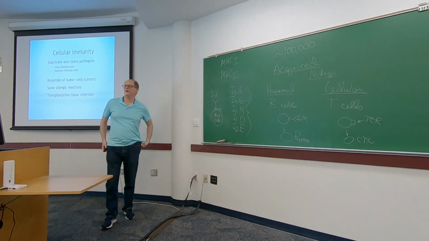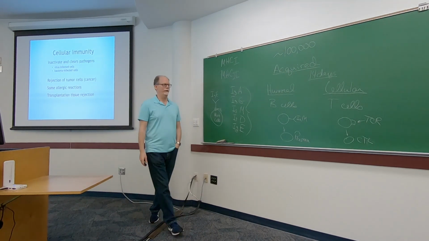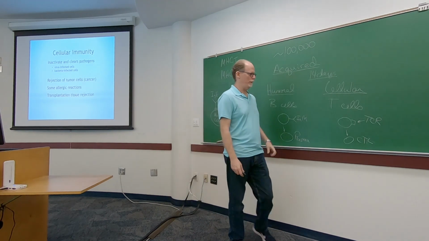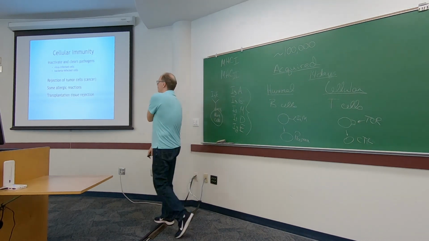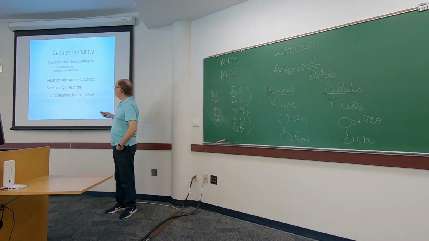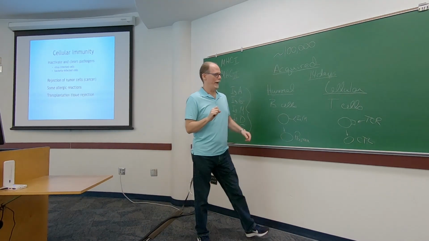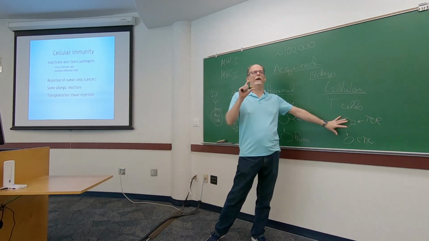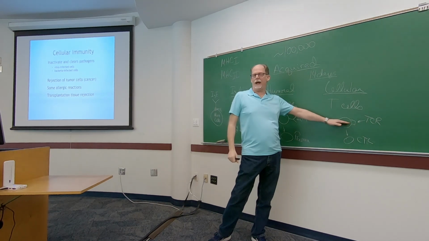So what does cellular immunity do? It does a few things. And a couple of them really don't involve antigen recognition, but they're included here as well. Now when an activated T cell kills a virally infected or bacterially infected cell, it's only going to do it if those infected cells have a pathogenic antigen that activated the T cell.